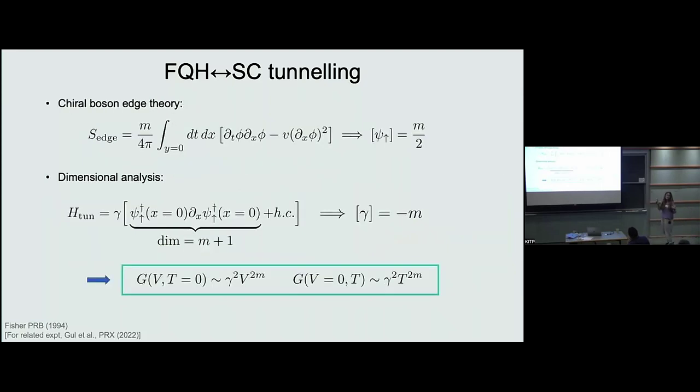We can do the same scaling analysis game. So again, we have our chiral boson edge theory, which is telling us that the electron on the fractional quantum Hall side has scaling dimension m/2, which then means that this operator here has scaling dimension m+1, because I have this d_x here, which gives me an extra scaling dimension of one, and in turn I find that G scales as V to the 2m or T to the 2m at 0 temperature or 0 bias, respectively.